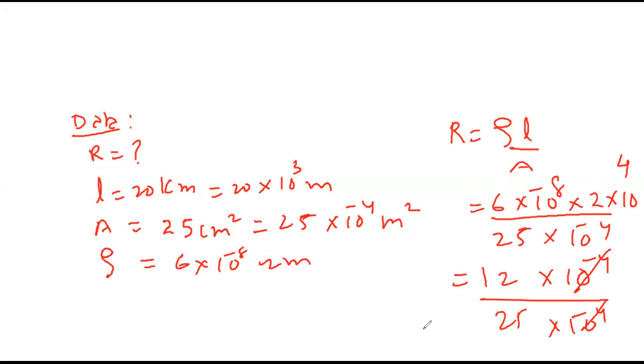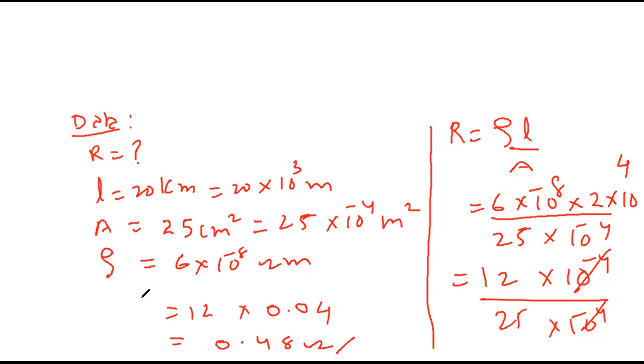So it is equal to 12 into 0.1 upon 25 will be 0.04. So 0.480 ohm. Okay. Yes, sir. Clear. Doubt. Solve.